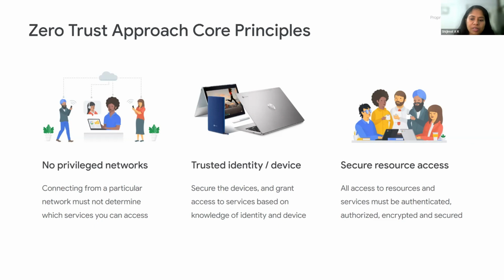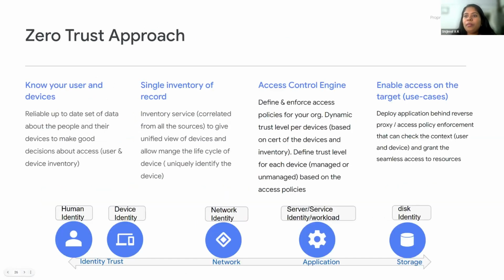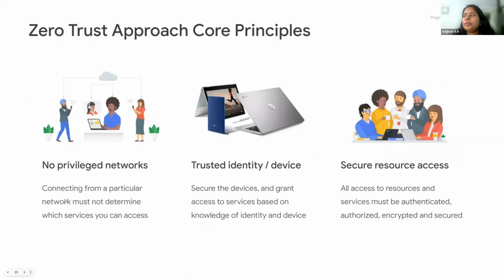This is more from an organization perspective: make sure that it is a trusted device that is accessing your application. Access should be granted based on the identity of the device and the user. Next is resource access. Authentication, authorization, encryption, and security are very important, so there should not be any slack in any of this.